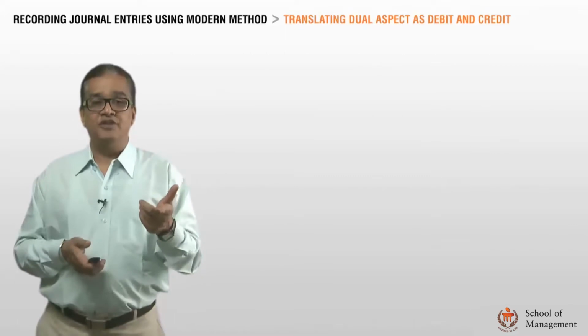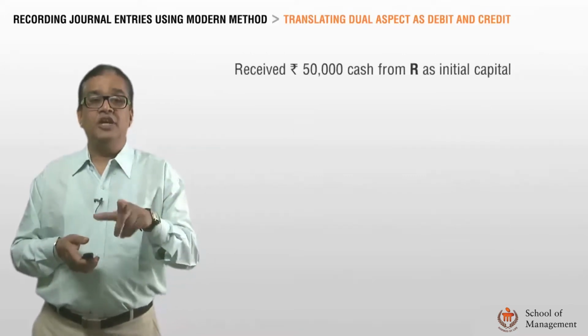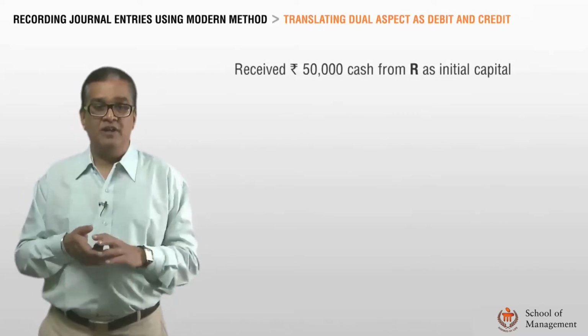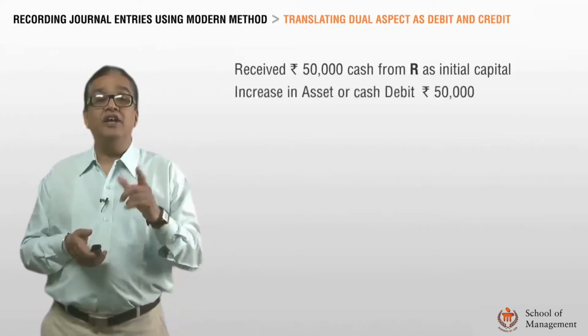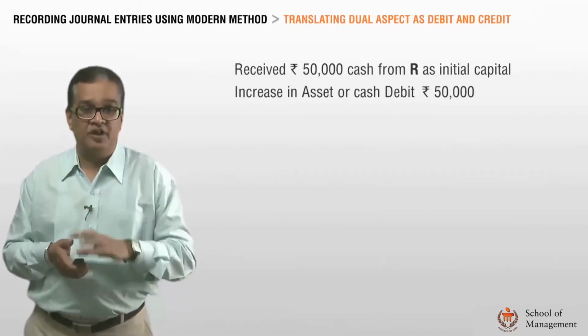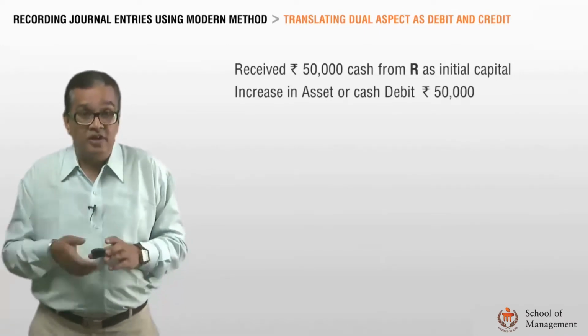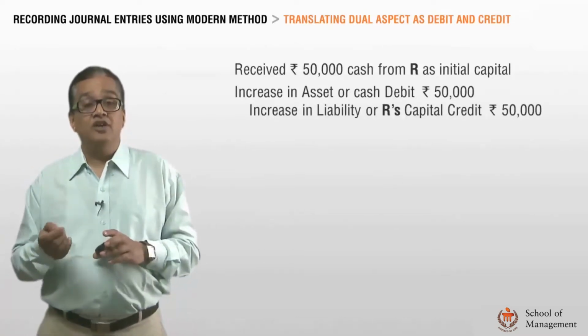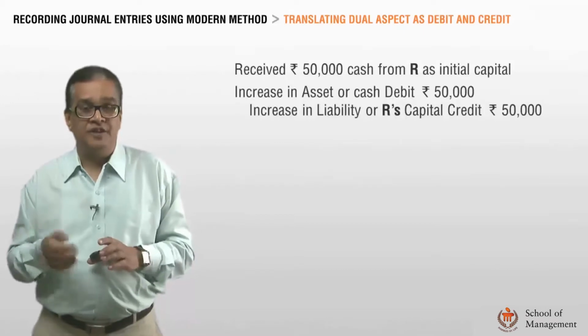In the transaction that we saw earlier, received rupees 50,000 cash from R as initial capital, an increase in asset cash is debited rupees 50,000, the next is a credit. The credit is an increase in liability, R's capital, rupees 50,000.